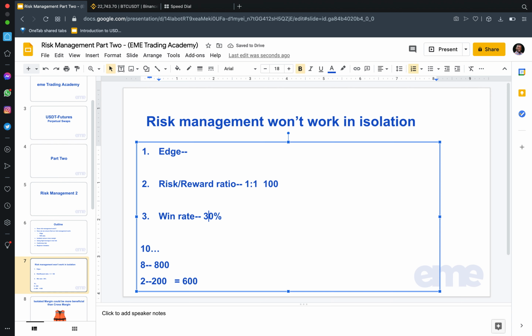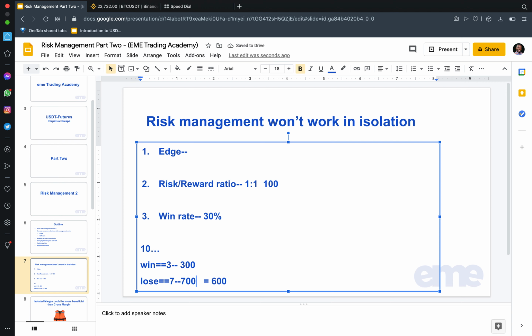I know that you definitely know you're going to be making a loss at the end of the day, because you're going to be losing 7 trades out of every 10 trades you make, and you're going to be winning just 3. So you're making $300 and you're losing $700. That is not good business. That doesn't make business sense.